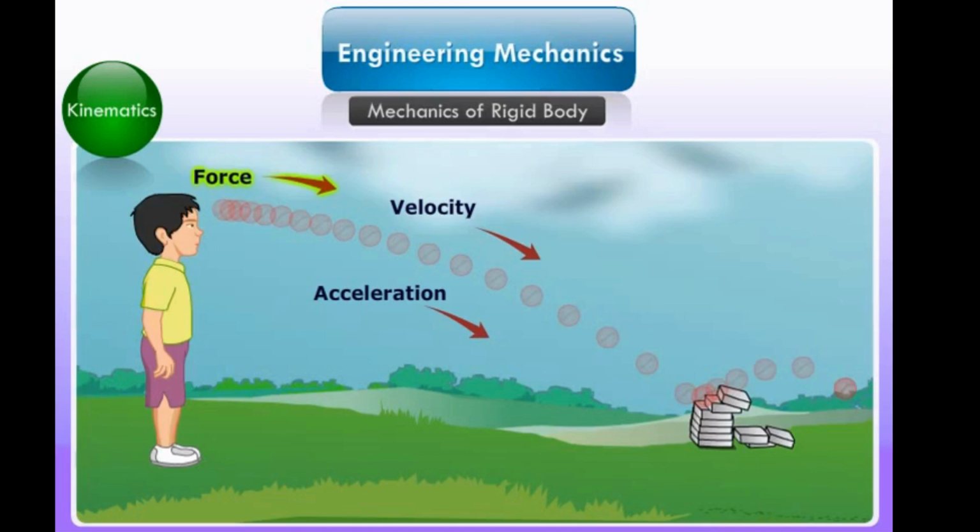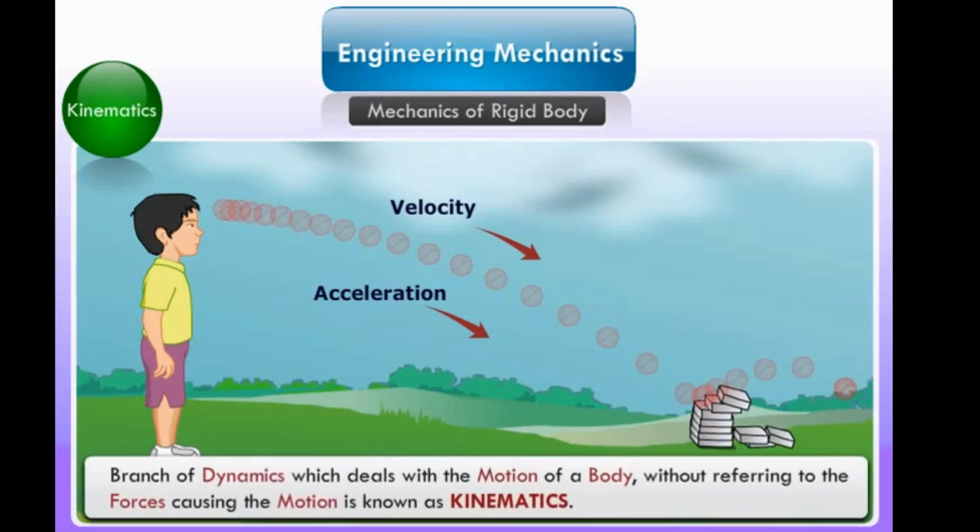Now, if we neglect the cause of motion, that is, the force applied, then the branch of dynamics which deals with the motion of body without referring to the forces causing the motion is known as kinematics. Thus, kinematics deals with the velocity and acceleration of a body.